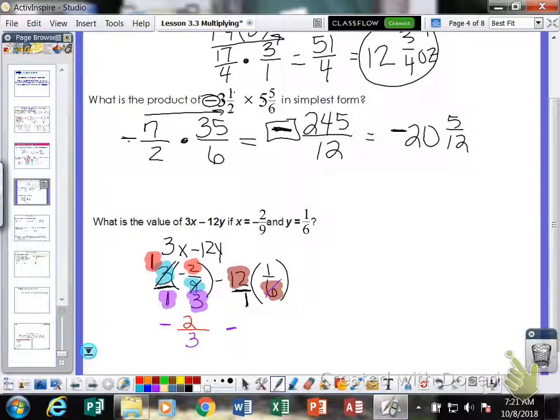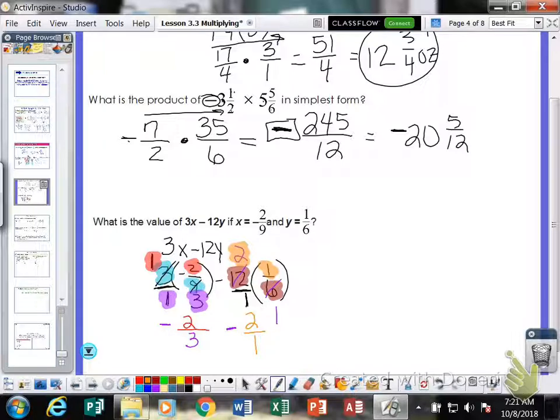So 6 goes into 6 once, 6 goes into 12 2 times, and now I can multiply. So 2 times 1, which is 2. And then I have 1 times 1, which is 1. So then I have over 1.